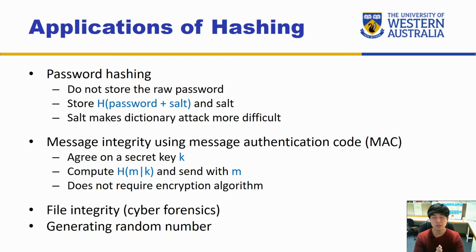Other than that, it can also be used for file integrity checks, like in forensics. When you download software, for instance, it gives you MD5, SHA-1 or SHA-2 hash values, right? So you download the software, chuck the binary into the hash function, and it should create the same hash value.